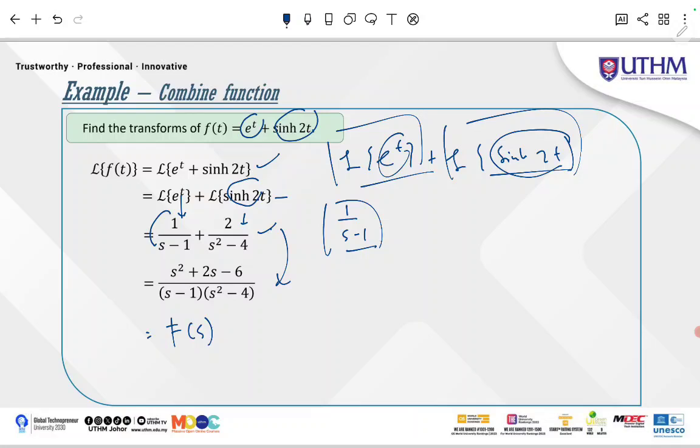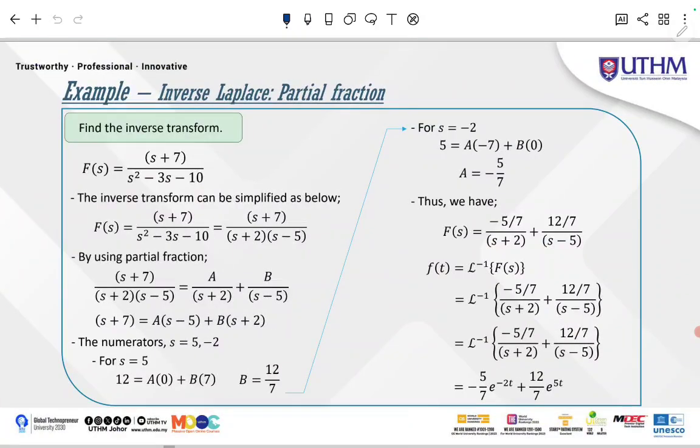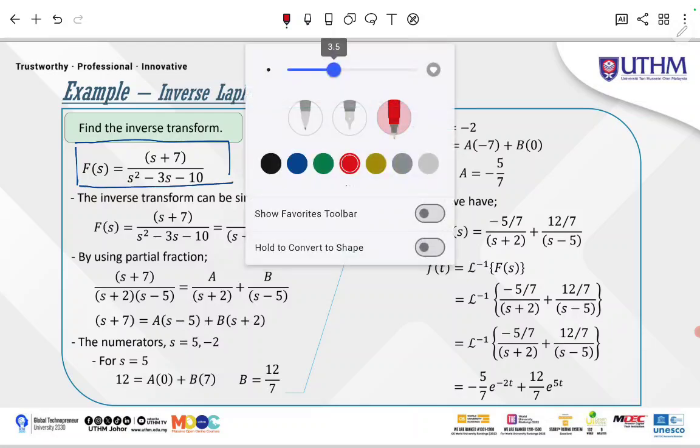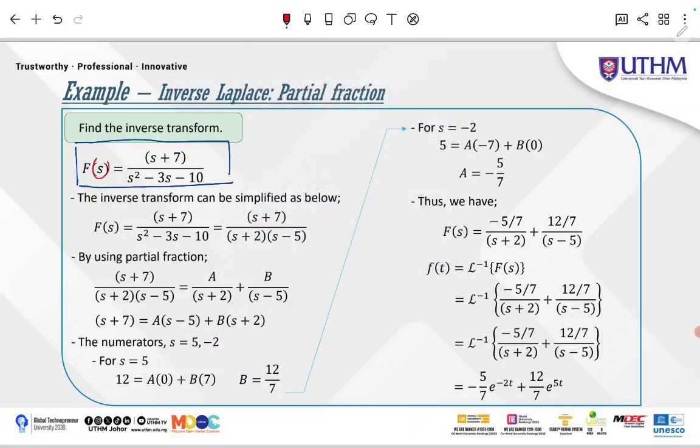So when we have F(s), we need to invert the Laplace transform back to be a function of t again, because here it is a function of s. So we go to the example. This one we have here, basically they already transformed the function into this Laplace transform. That's why you get the function of s here, not the function of t anymore.